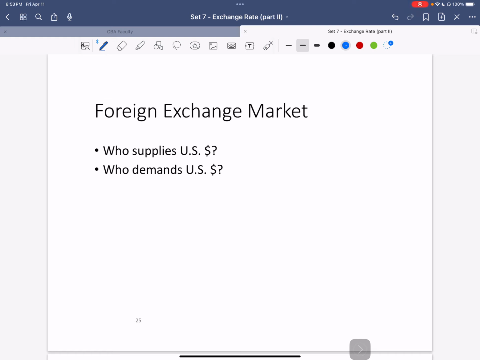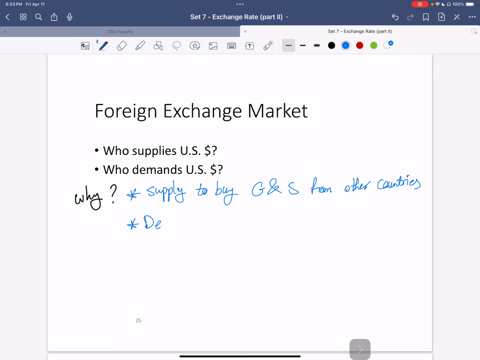But why do these people need to exchange those currencies? Why this market exists, better say. So the supply side exists to buy goods and services from other countries, okay?